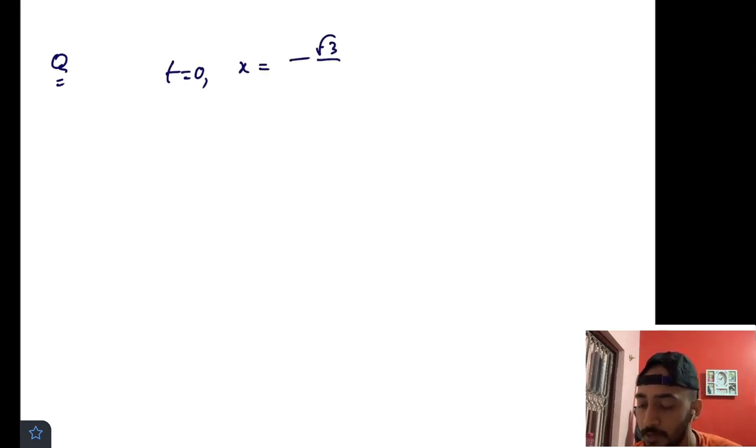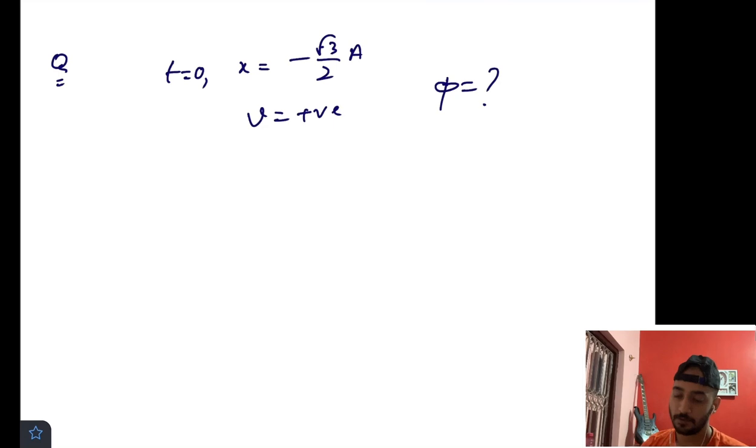Let us take another example and solve it very quickly. At t equals 0 the particle is at x equals minus root 3 by 2 a and v is positive. We need to find the value of phi. So let's quickly write down the general solution.